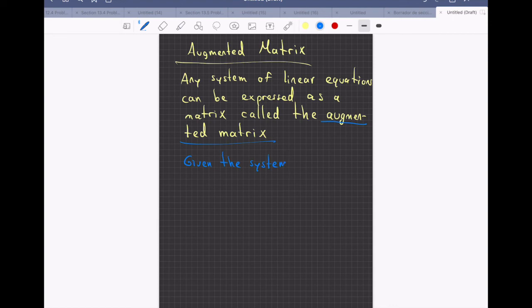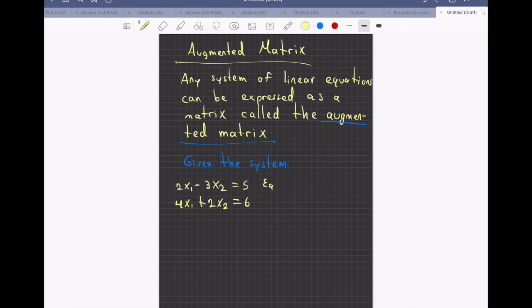For example, given the system 2x1 minus 3x2 equal to 5, and 4x1 plus 2x2 equal to 6.